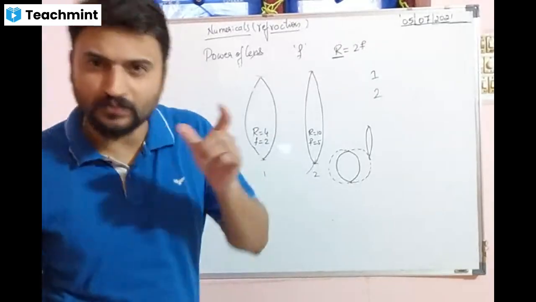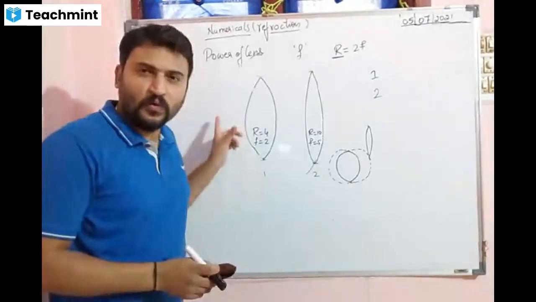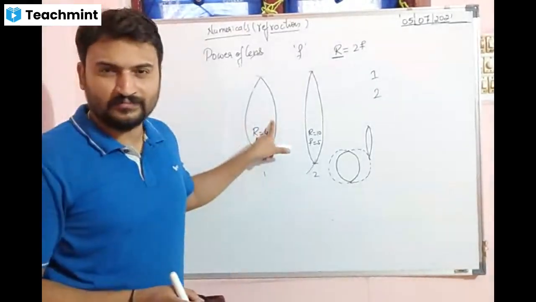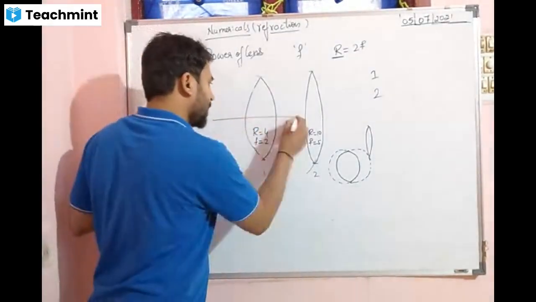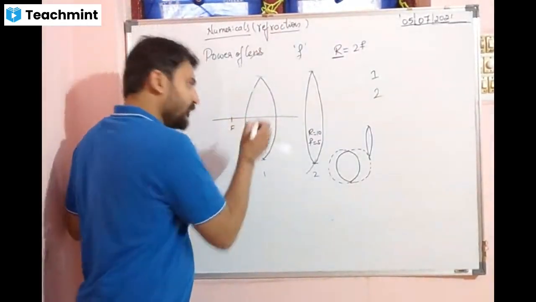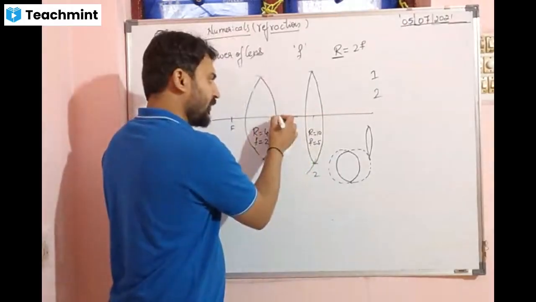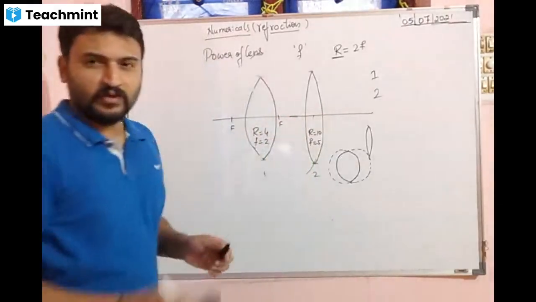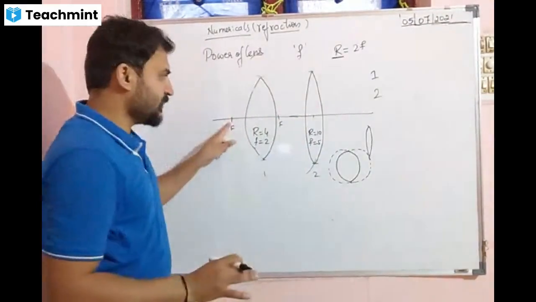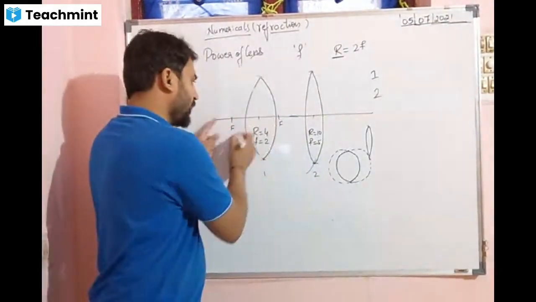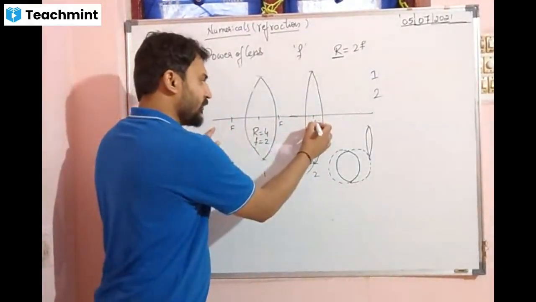If the focal length is a smaller value, the image is formed near the optic center. If I draw the rays, the principal focus comes here; for this other lens it comes here. So the image is nearer. Principal focus is near to which, in the first diagram or in the second diagram?